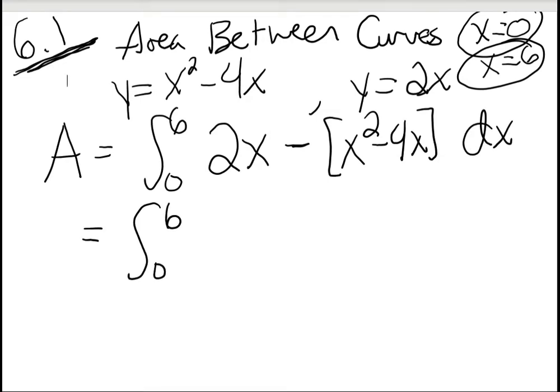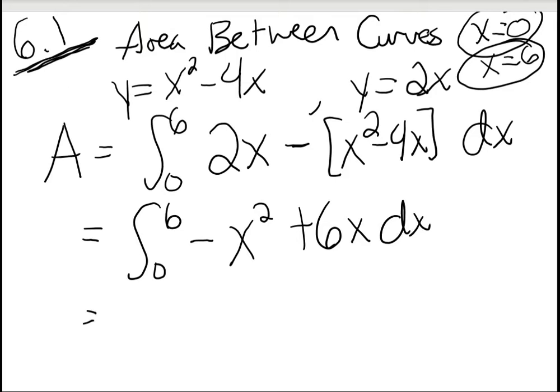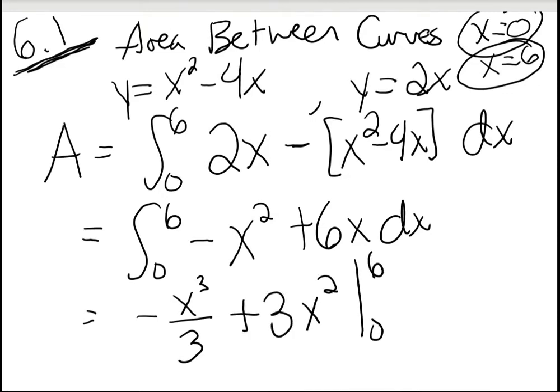So that's the integral from 0 to 6 of negative x squared plus 6x dx, or negative x cubed over 3 plus 3x squared, evaluated from 0 to 6. And you can plug these in, and you'll get an area of 36. And so if you're just given two curves and asked for the area between the curves, then that's how you do it.